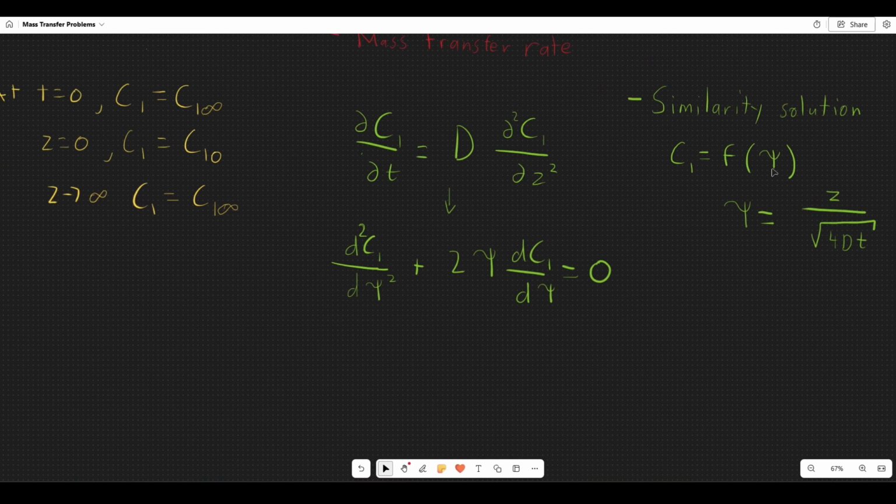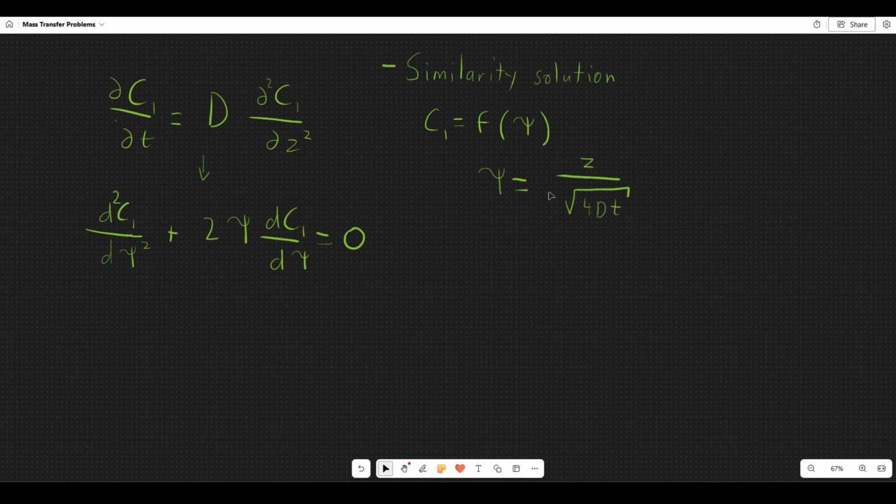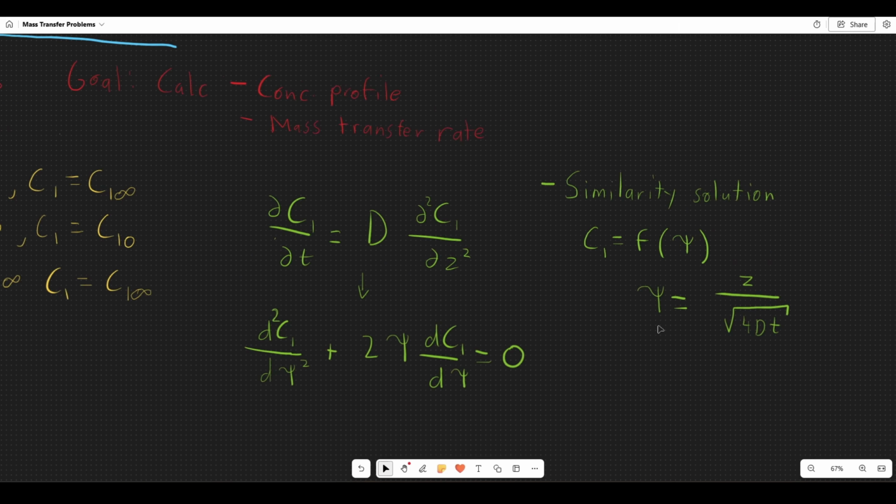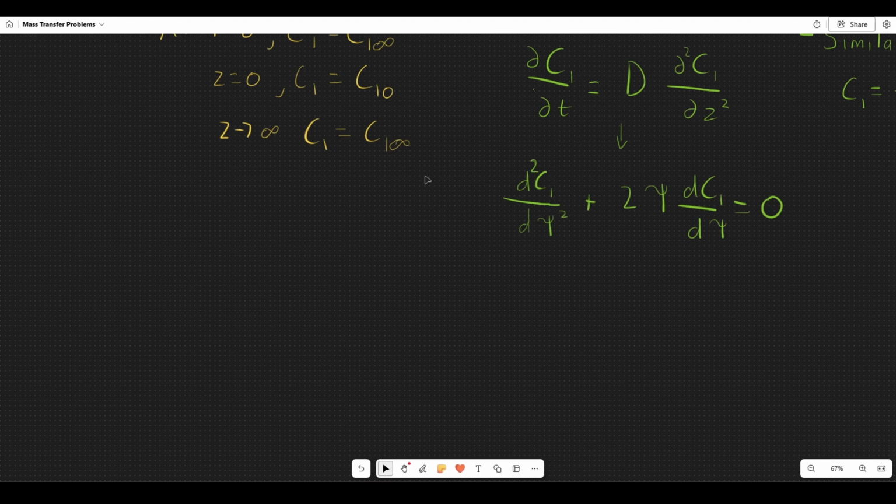Remember, c1 is a function of psi. At t equals 0, psi is infinity. That means that as psi goes to infinity, c1 is c1 infinity. So we'll rewrite these boundary conditions now in terms of psi: as psi goes to infinity, c1 equals c1 infinity.